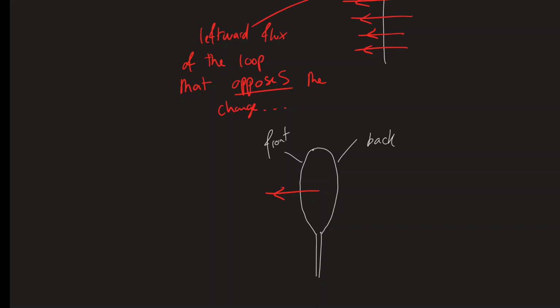And then if you were to curl the fingers around as if you're trying to grab something with your 4 fingers but keep your thumb in the same position, the fingers then point down. So the current is going up the front of the loop like that, and coming down the back of the loop like that. And that's how it manages to oppose the change that it was initially subjected to.